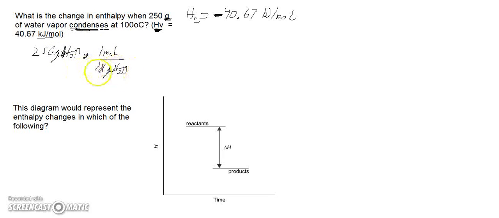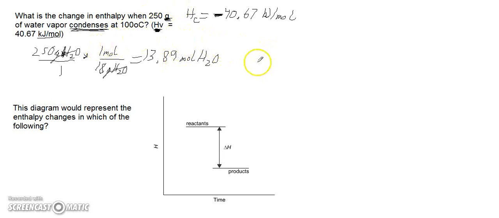So grams cancel. I'm left with moles, multiply across top, multiply across the bottom. So 250 divided by 18 equals 13.89 moles of H2O.